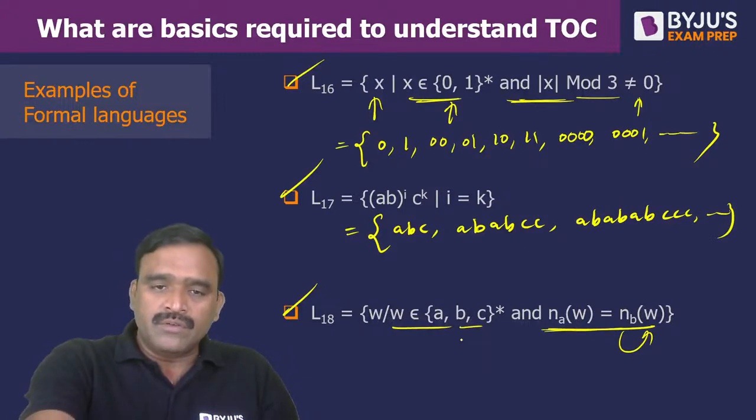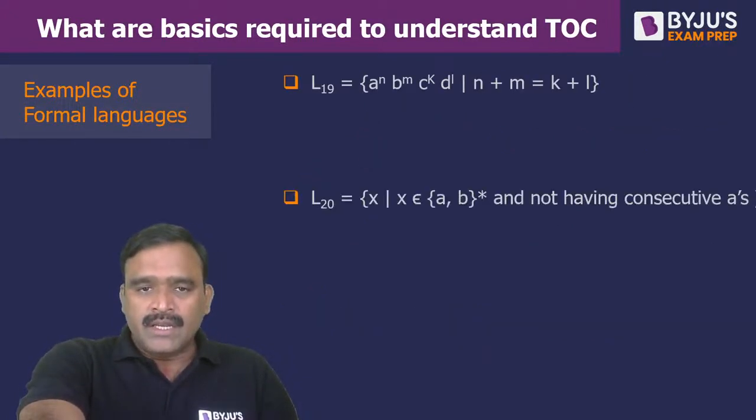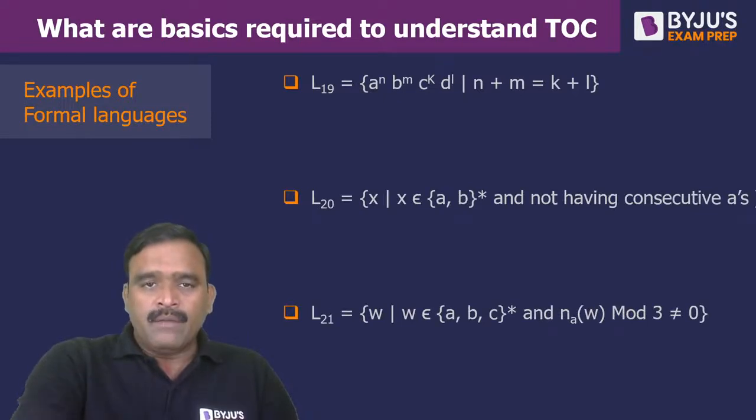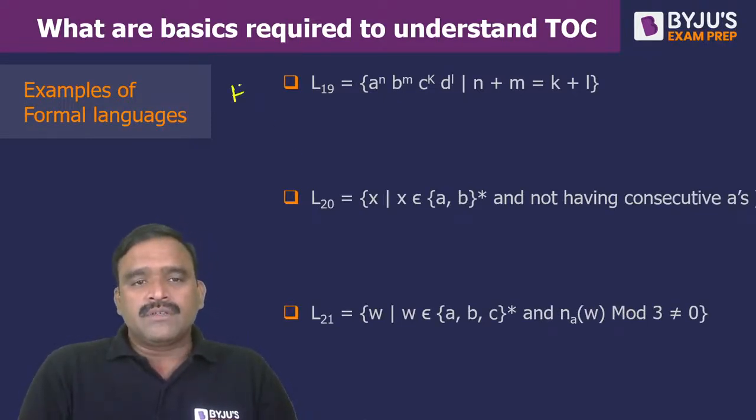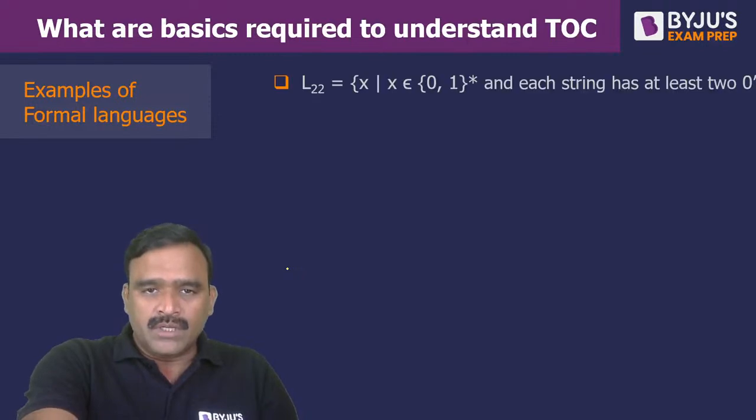So accordingly we can give strings, and you can just practice these questions also, like L19, L20, L21. I am giving you as homework. You can take a screenshot, or later on you can see the video and check these problems, and you can ask me if you have any doubt in the comment box.